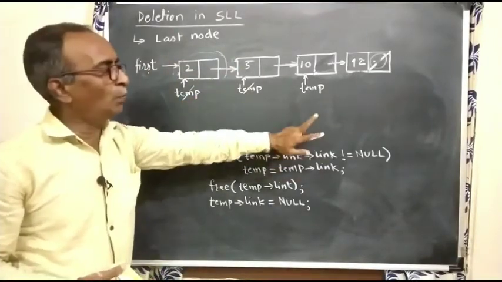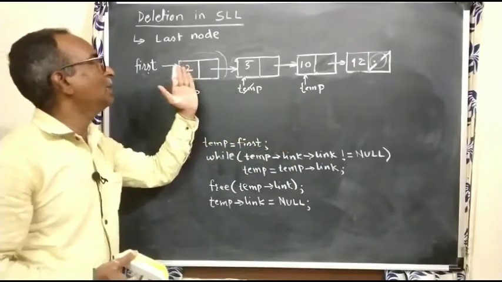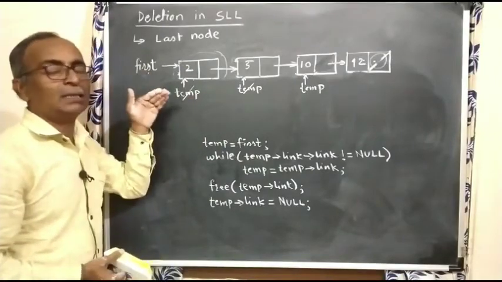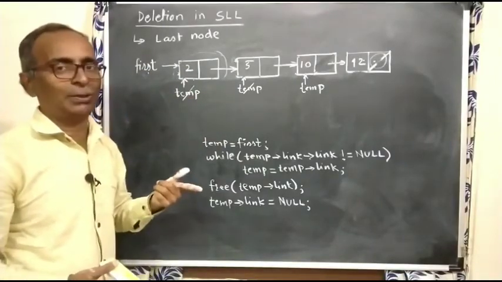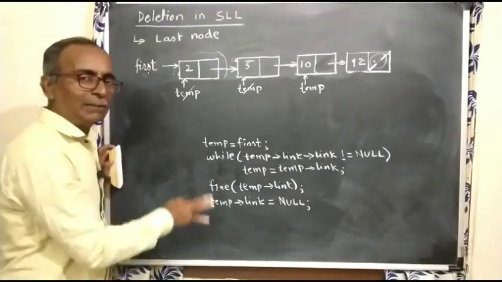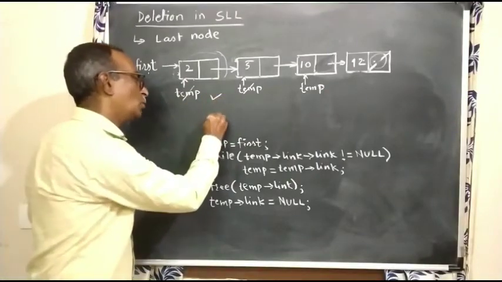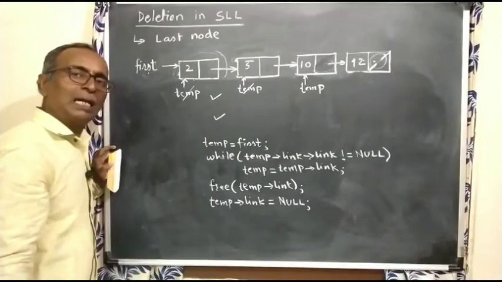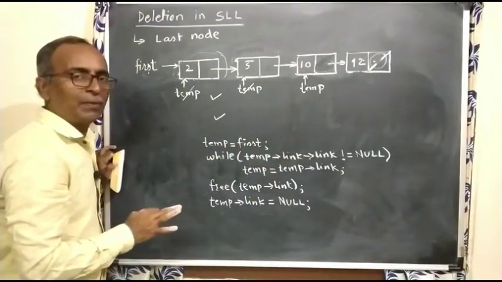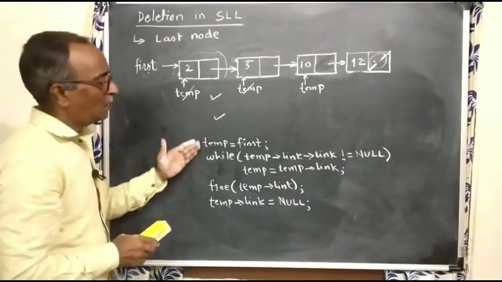Both cases, whatever we wrote earlier, will be the same in this case also. Only if it has more than one node, then this is the logic. So while writing the function for deletion of the last node, the first two conditions we have checked will be similar to deletion from the beginning. Then you have to do these steps.